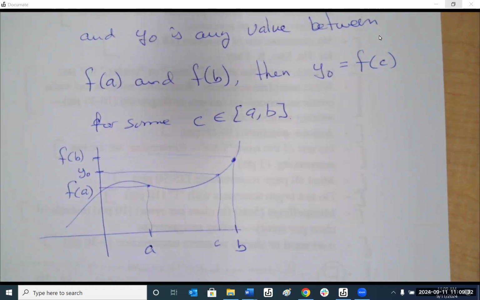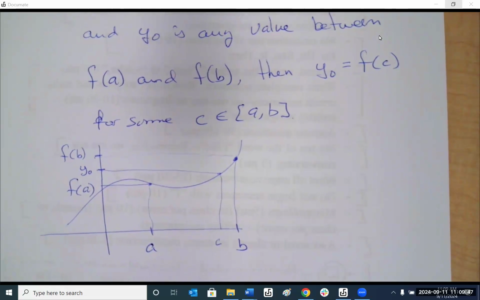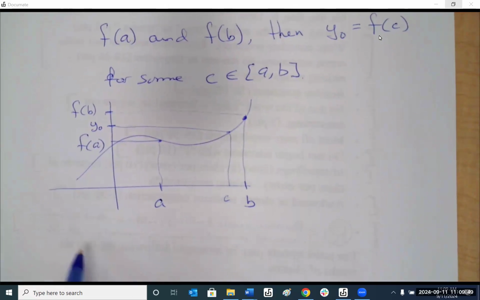If you remember from algebra, when we first were introduced to the intermediate value theorem, what did it tell us from algebra? What we're looking at here was something like this.